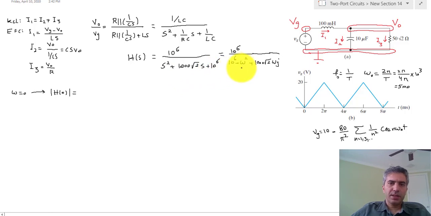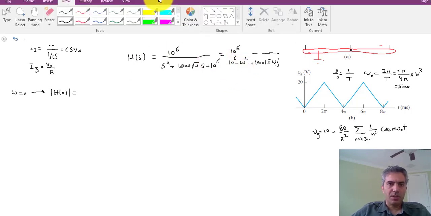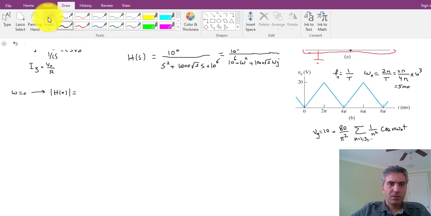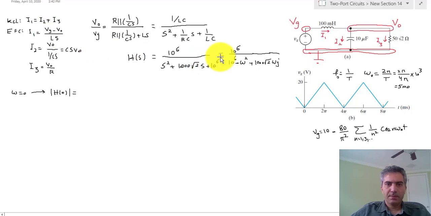Now if you want to calculate the magnitude, let's actually go back. This is H(j omega). Do not confuse it. Let's just quickly remove this.